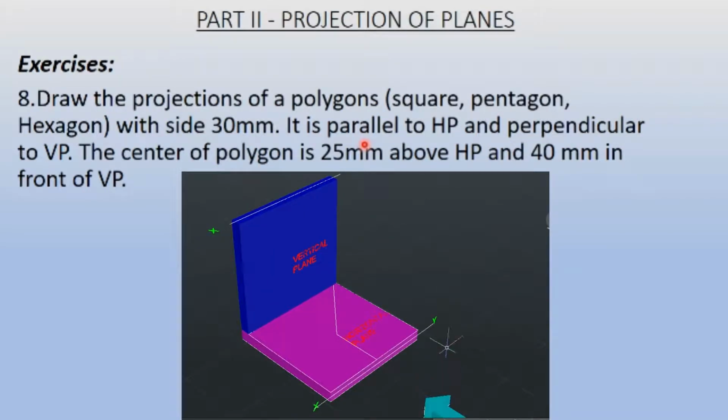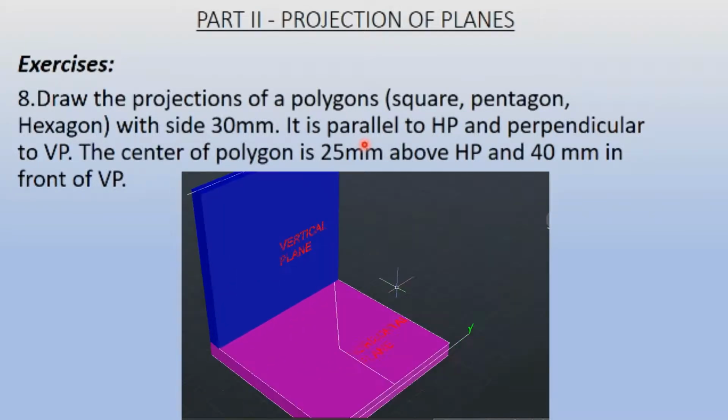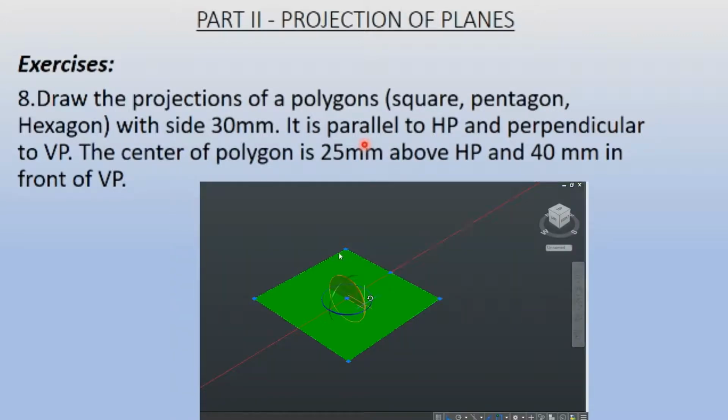Now in this question there are 3 bits, that is a square plane, a pentagonal plane, and a hexagonal plane. So I'll show you the square plane first. As I've mentioned, every plane will have no thickness, only 2 surfaces on both sides.